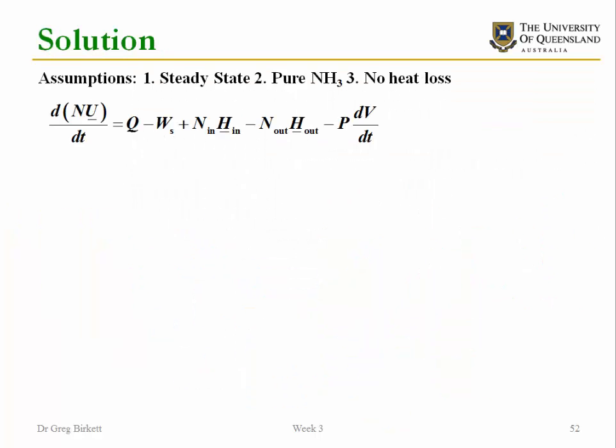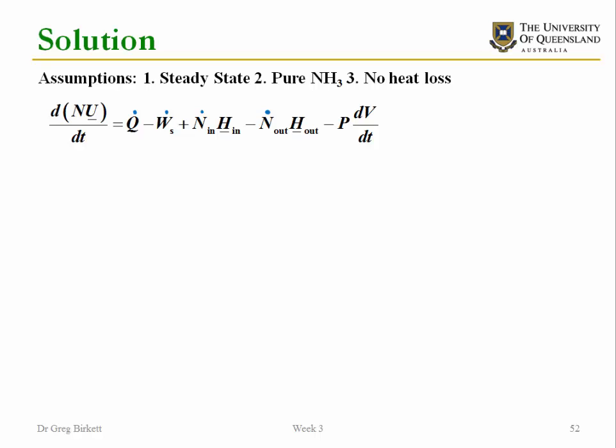To do this, we need to make assumptions about the system: steady state, pure ammonia, and no heat loss. And because we're interested in work and energy, we need to use the first law. I'm missing a few dots here, so that's flow, that's flow, that's flow, and that's flow.